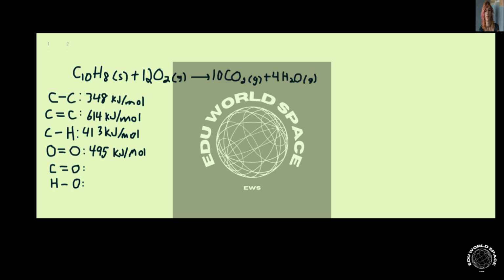For C double bond O, it's 799 kilojoules per mole. And for O-H, it's 463 kilojoules per mole.